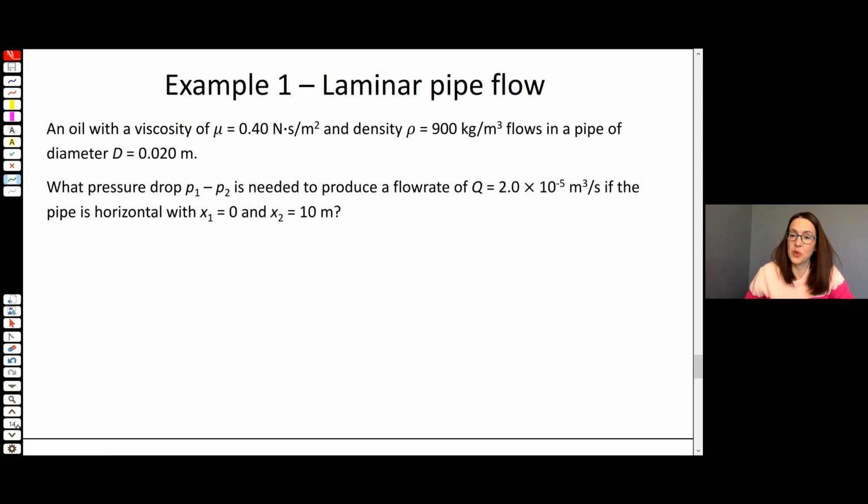All right, well, if the Reynolds number is less than 2100, we can assume the flow is laminar, and we can use the equations we developed for laminar pipe flow. So the first order of business is to compute the Reynolds number.